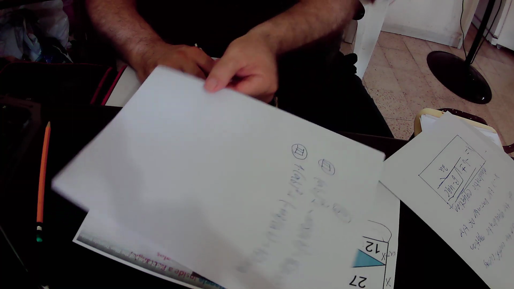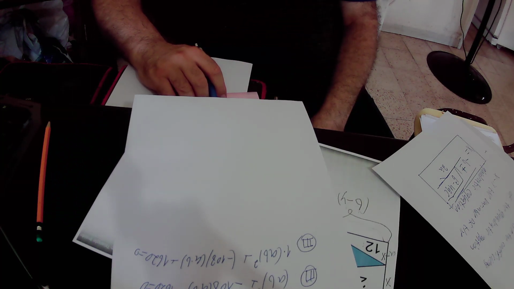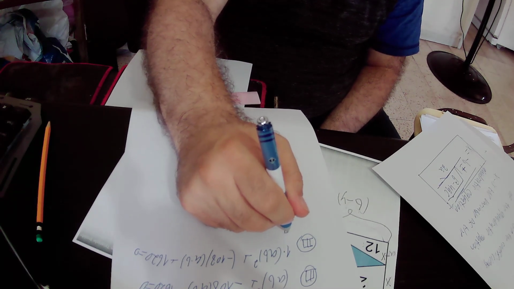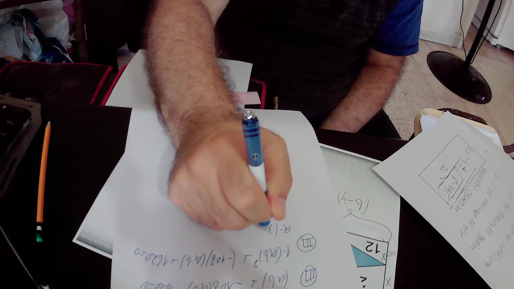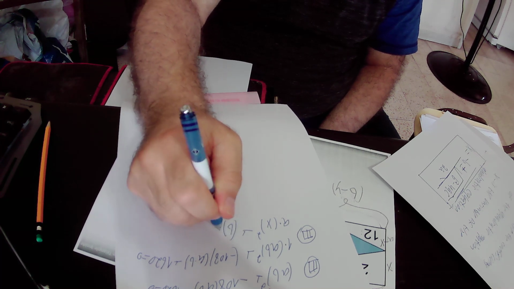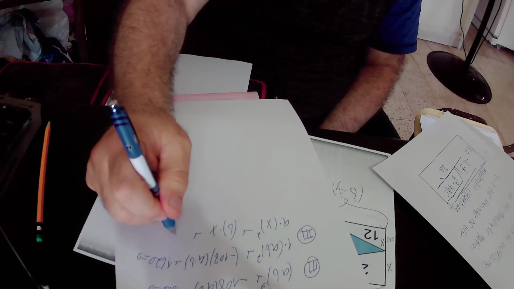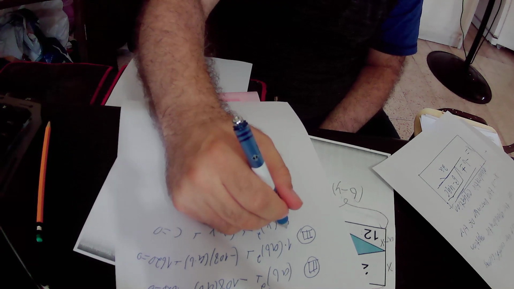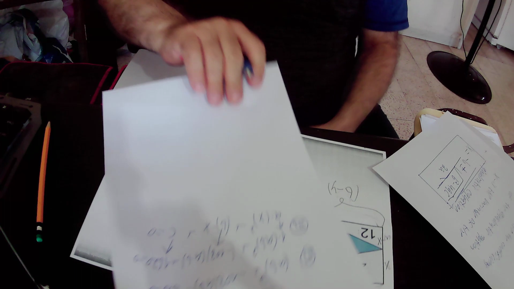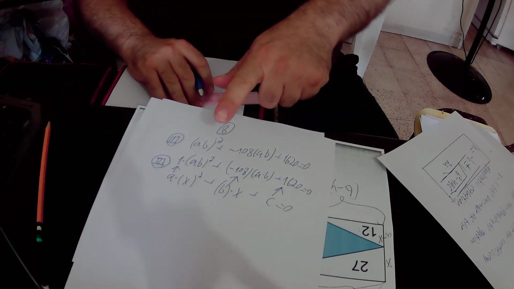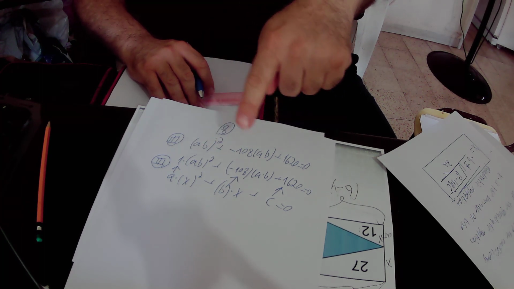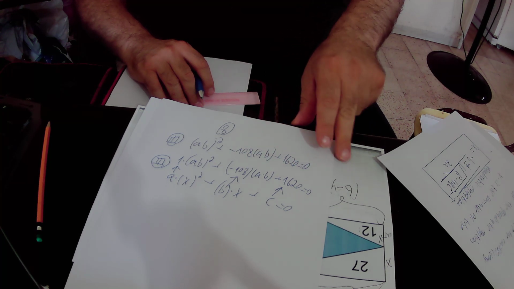Now we will write down the general quadratic equation form: a times x squared plus b times x plus c equals 0.